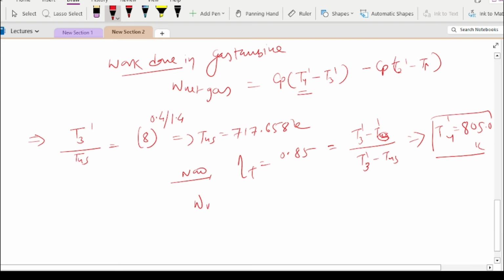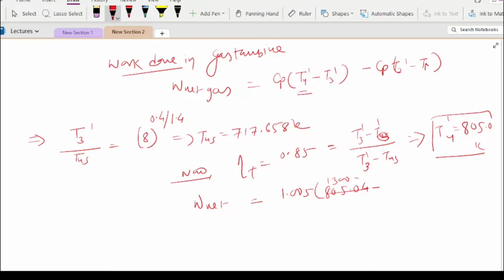From this, W net can be calculated. This is coming around 1.005 into T3 dash minus T4 dash, that is 1300 minus 805.04, minus 1.005 into T2 dash minus T1, that is 604.29 minus 300.